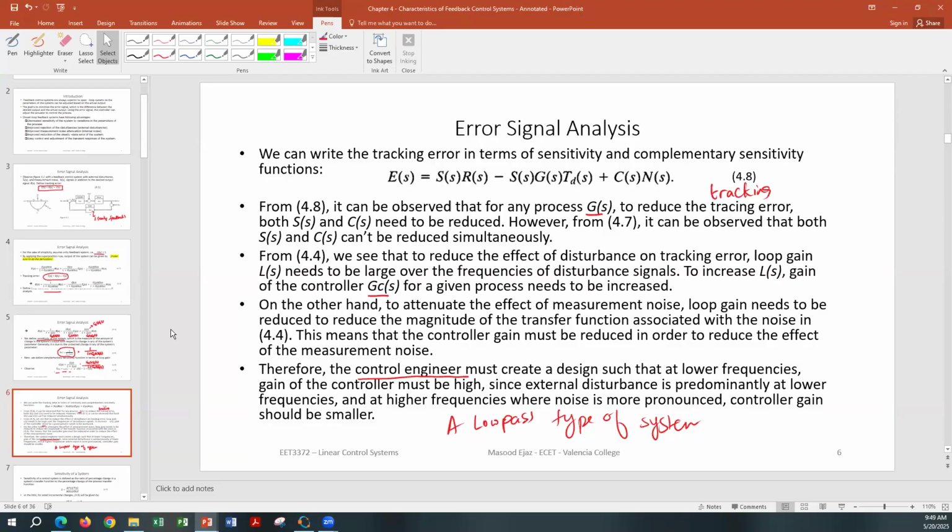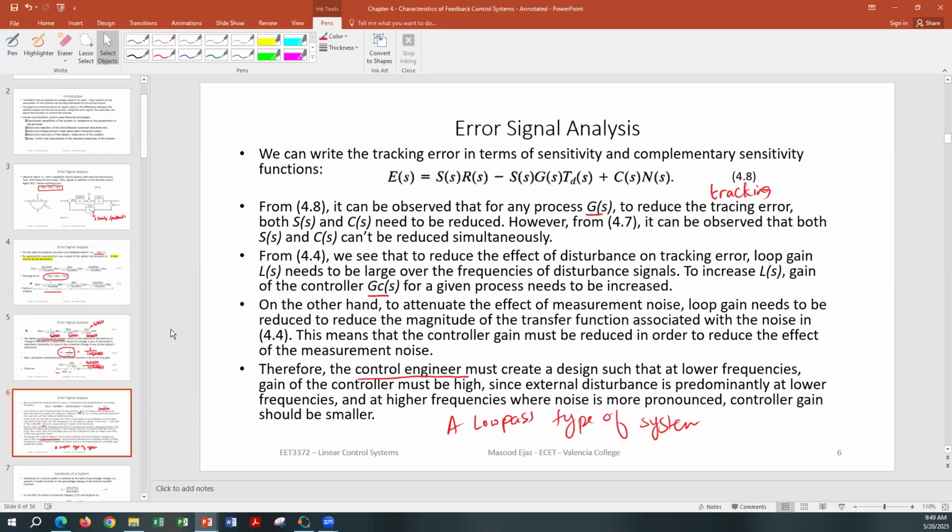To increase the value of L(s), we have to increase the controller gain, again coming from the expression on the last slide. Also, to reduce the effect of the measurement noise, the internal noise, we have to reduce the value of the loop gain, or reduce the value of the controller gain.